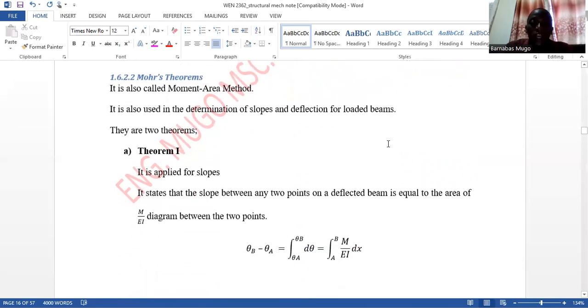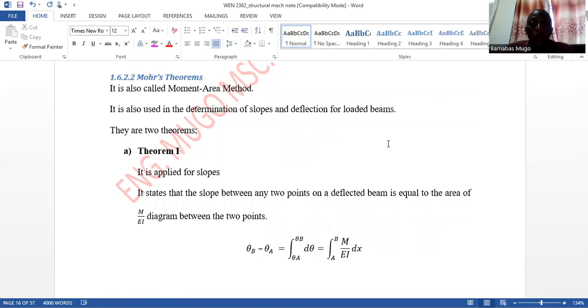Then from there, you need to know how to come up with the Moore theorem. This is the moment area method, also called the moment area method. It is also used in determination of the slope and deflection of a loaded beam.